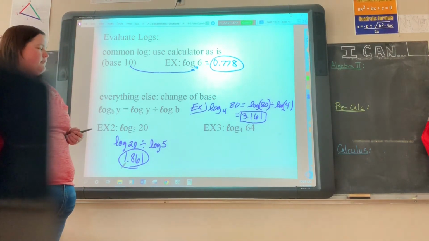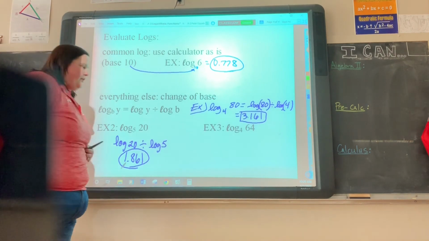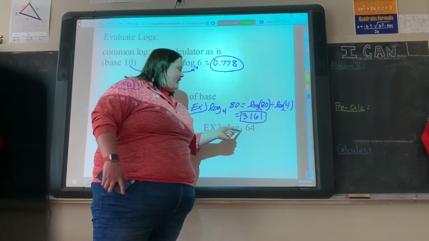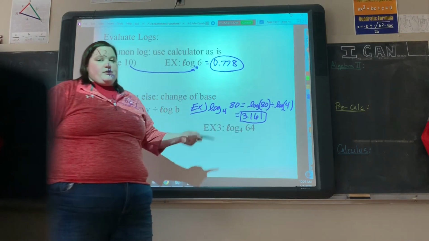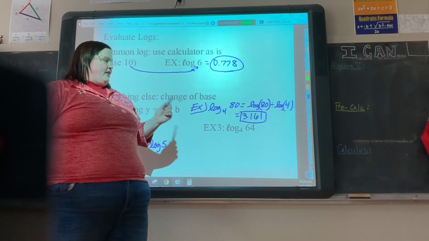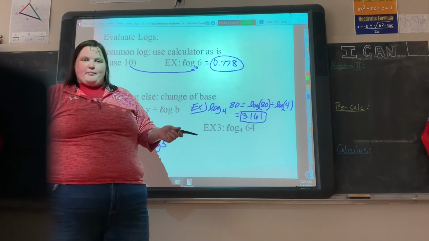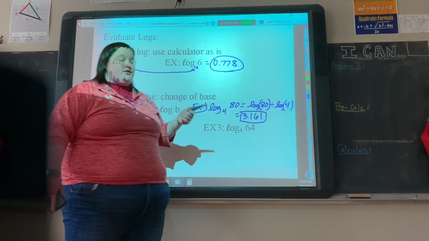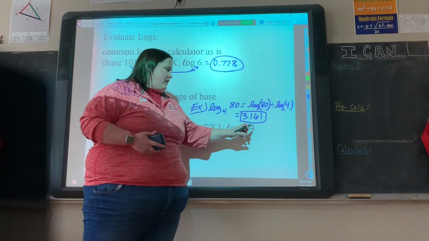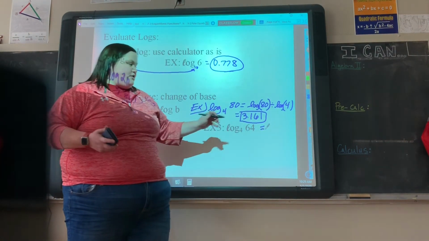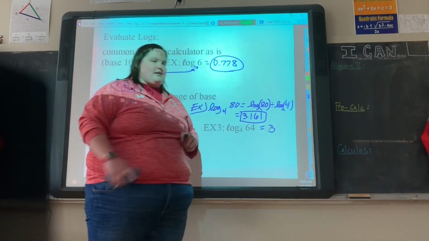Let's look at this last one. This is asking for the exponent you put on 4 that equals 64. Now if you're good with exponents, that is actually going to work out as a nice whole number. 4 to the 3rd power is 64. So if you're good with exponents, you can think about this a little bit. 4 to the 3rd power has to equal 64.